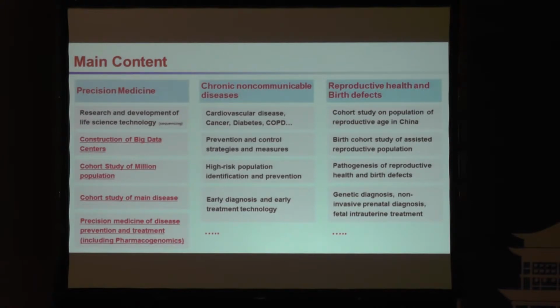The funding of precision medicine might include the following 5 areas, such as the cohort study of the general population, the cohort study of major disease, and the precision medicine of disease prevention and treatment. The last part also includes some projects directly related to pharmacogenomics.